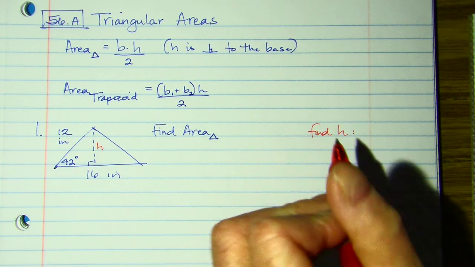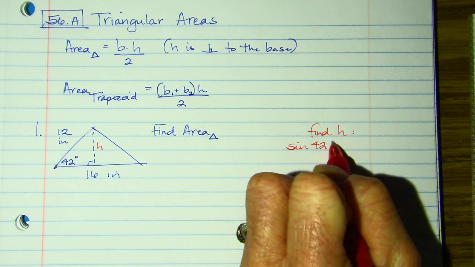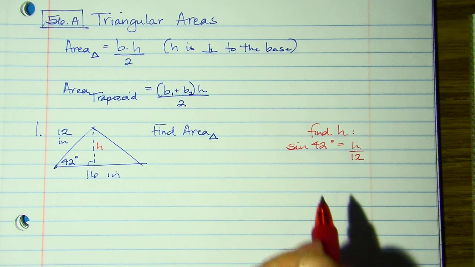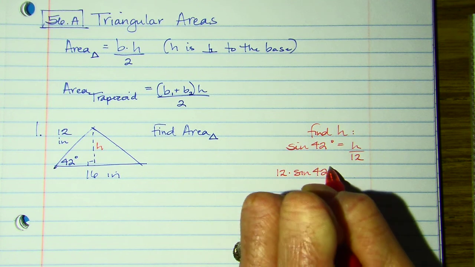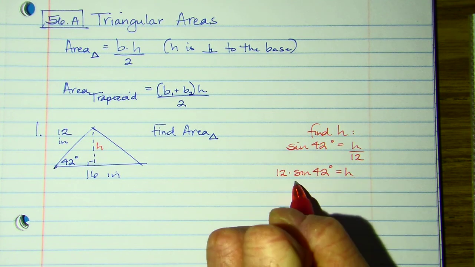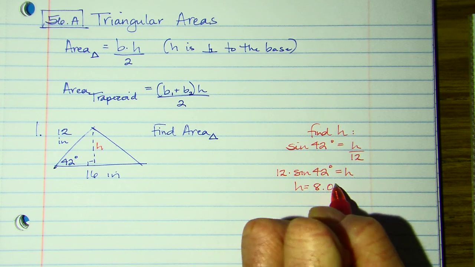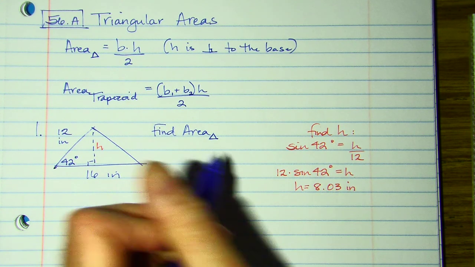So I would do the sine of 42 degrees equals height over 12, and then I would cross multiply. So 12 times the sine of 42 degrees equals height. So height equals, based on my calculations, 8.03 inches.